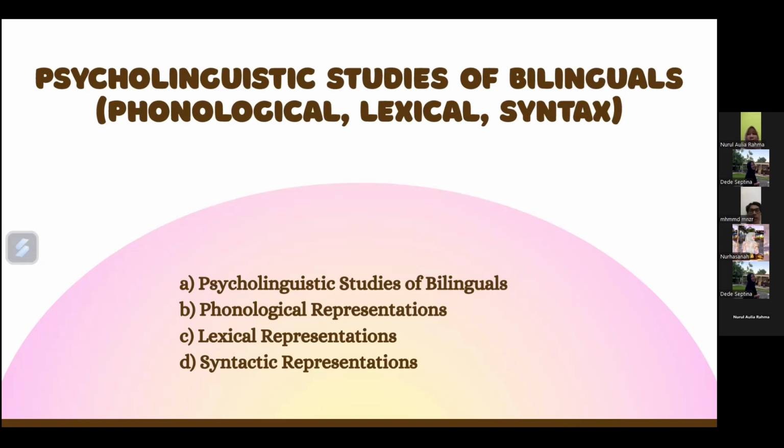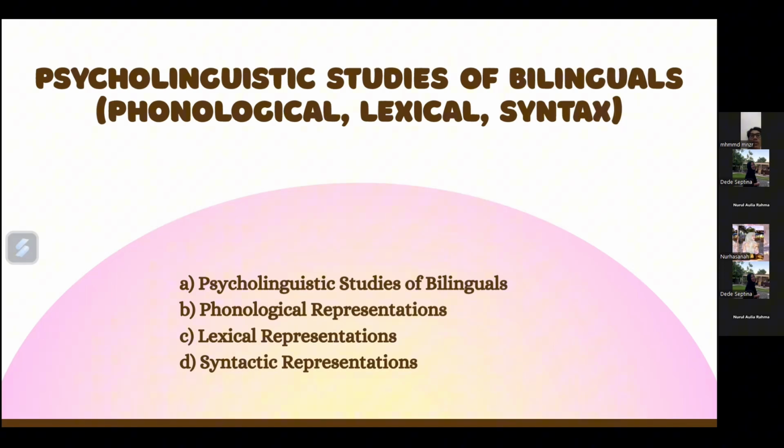And the third is lexical representations. Lexical processing in bilinguals involves managing two vocabularies, which can lead to both advantages and challenges.